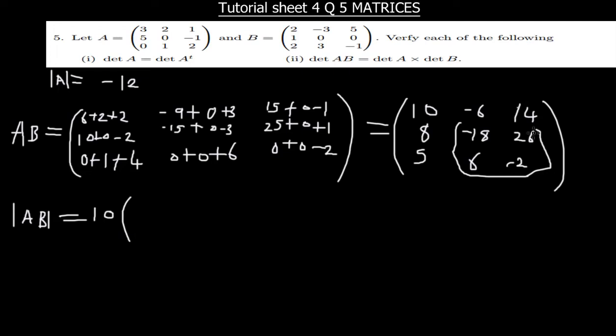So the determinant of this we're going to have is negative 18 times negative 2. You get positive 36. Okay, so you get positive 36, and then minus 6 times 26. You get 157. Oh, sorry, 156.